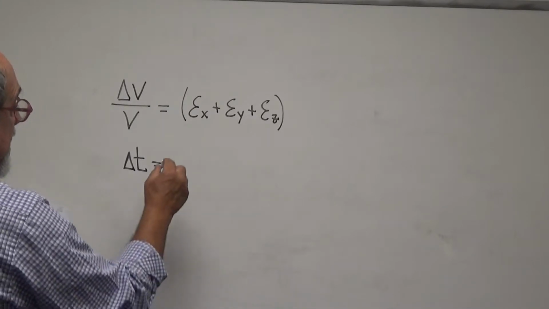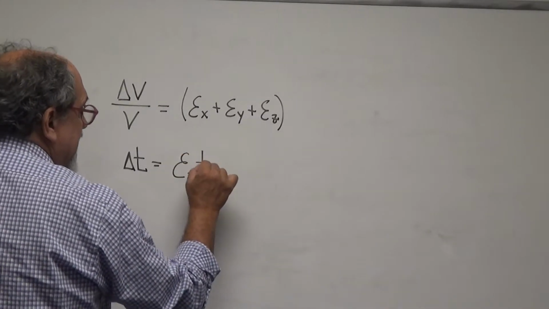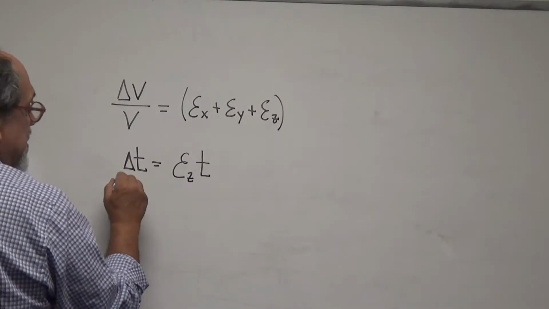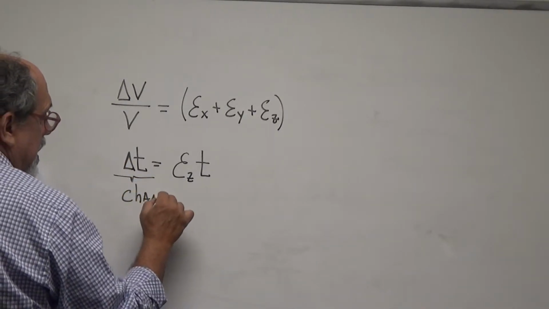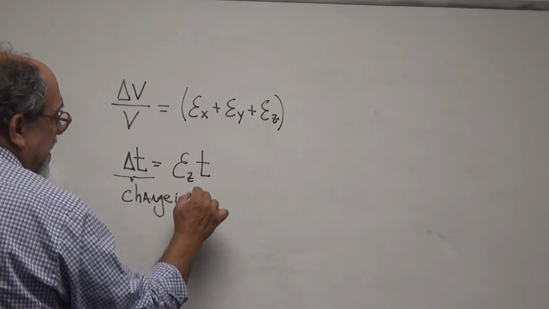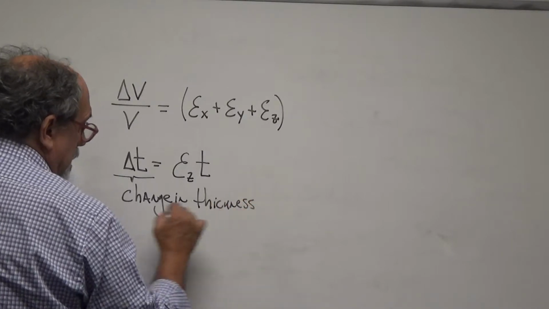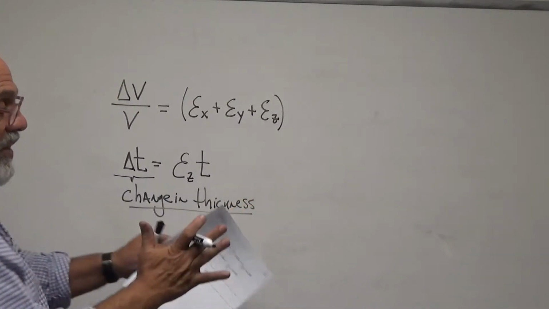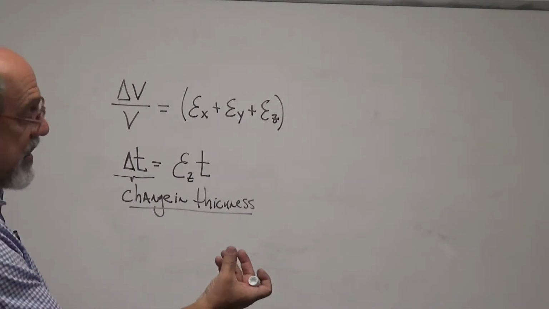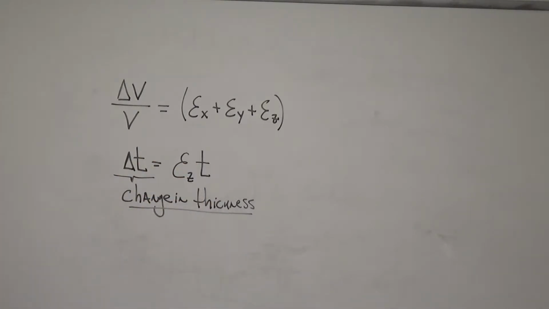That means that the strain in the z direction times the thickness is actually the change in thickness. Pretty much by definition, right? I have something thick, I pull it, there is a strain in the z direction. How much did the thickness change? Well, by definition, epsilon z times the original thickness.